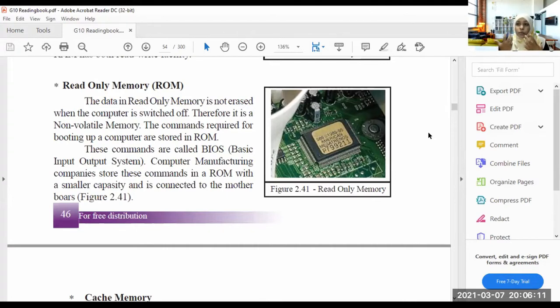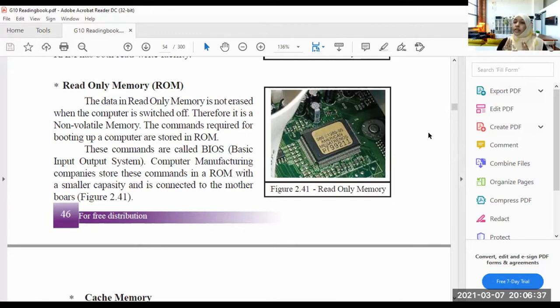Who stored these booting requirements? Who stored these commands which are required to boot up the computer in the ROM? It is done by the manufacturing companies. The computer manufacturing companies are the people who wrote these commands in the ROM.